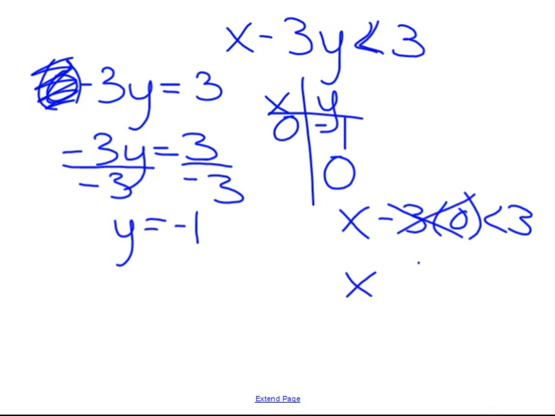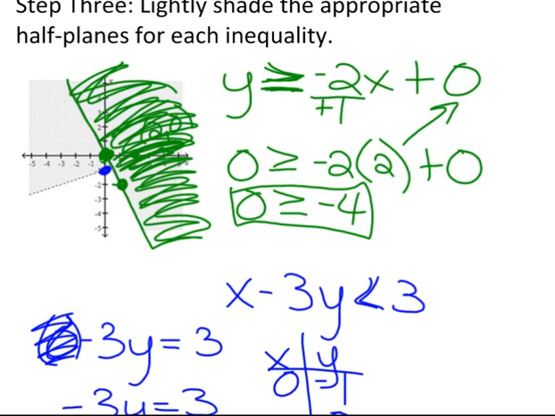And again with the inequality, what am I thinking here? When we're doing points, it should be equal. All right, so we get x is equal to 3. And that gives me another point, which I can't see because I shaded over top of it, right here.